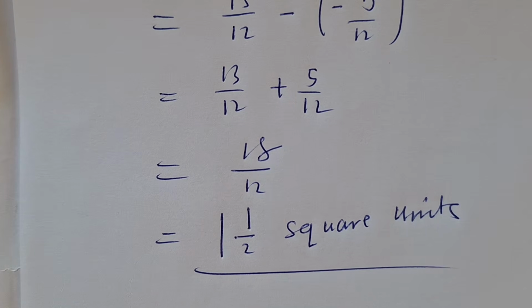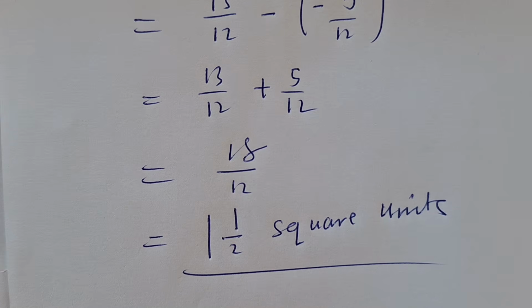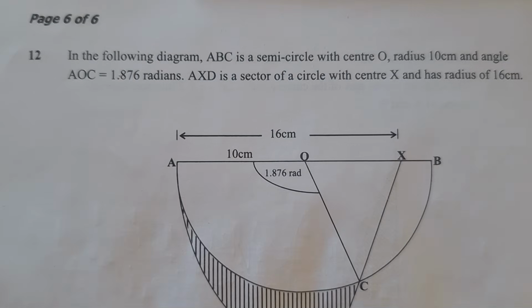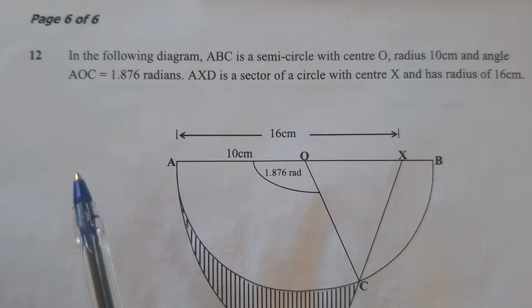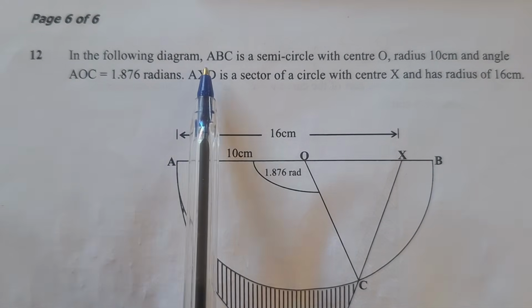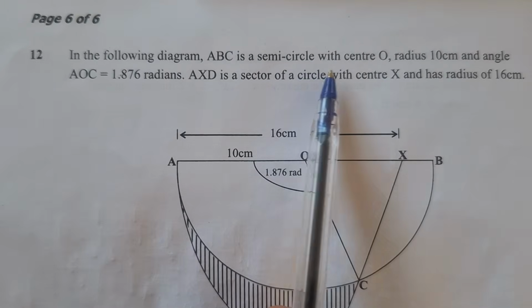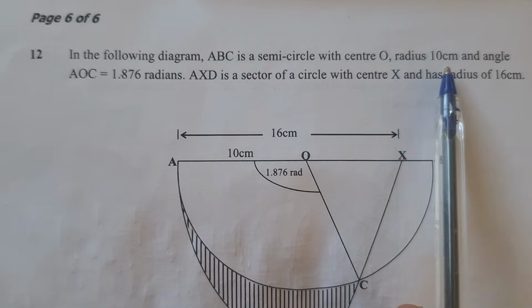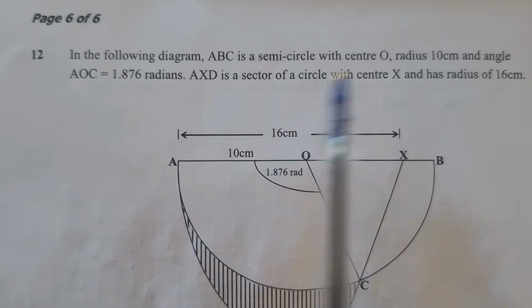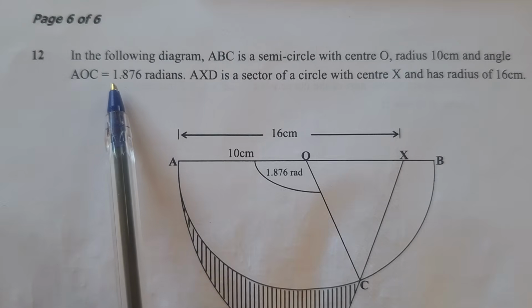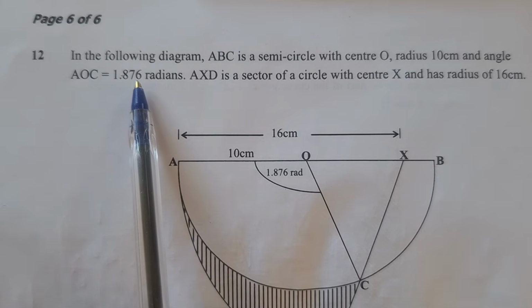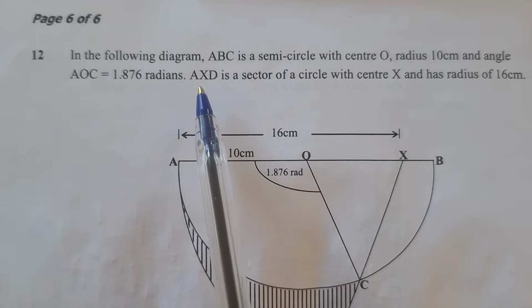Let's go to the last question, which is question 12, A, B, and C. Question 12 reads: in the following diagram, ABC is a semicircle with center O, radius 10 centimeters, and angle AOC is 1.876 radians.